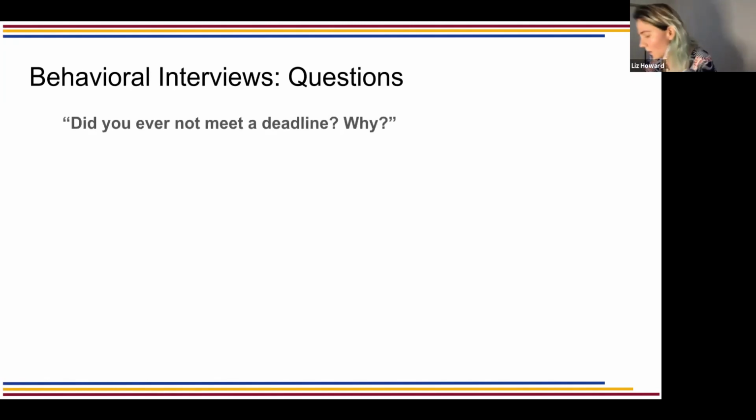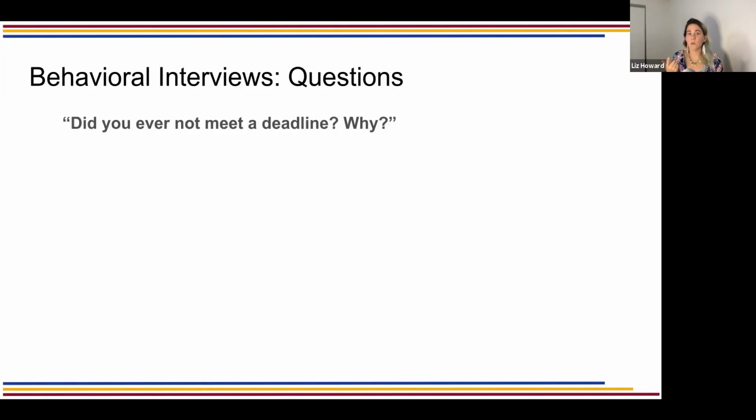So one of the things that I wanted to talk about was, what is the goal of this question? Why are people asking this question? Did you ever not meet a deadline? And so, what you might think is you're being asked this question to determine whether or not you meet deadlines. It's not actually what they want to know. What they actually want to know is, do you communicate well about your deadlines?